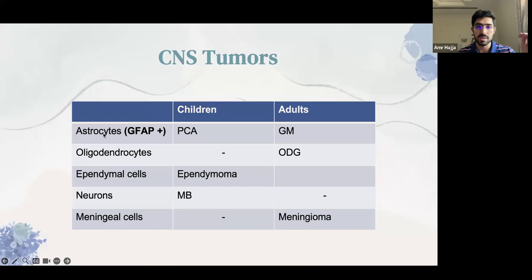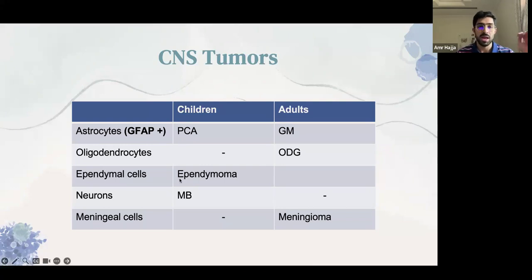From the astrocytes, we have two types of tumors: GBM, glioblastoma multiforme, in adults, and pilocytic astrocytoma in children. Both are GFAP positive because of astrocytes. Also, we have the oligodendrocytes, which are the CNS myelinating cells. The most important tumor is oligodendroglioma, which is an adult tumor.